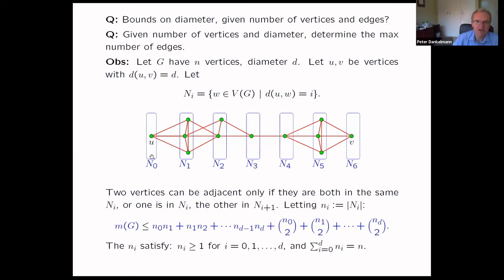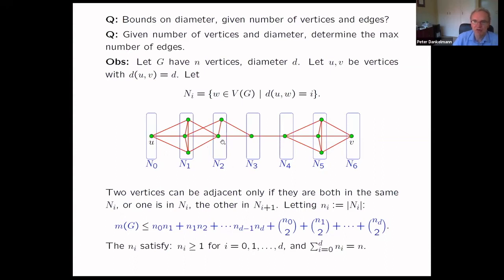Well, let's first count the edges that join a vertex in some set Ni to the set Ni plus 1. So for example, between n0 and n1, the number of edges is at most little n0 times little n1. The number of edges joining a vertex in n1 to a vertex in n2 is at most n1 times n2.